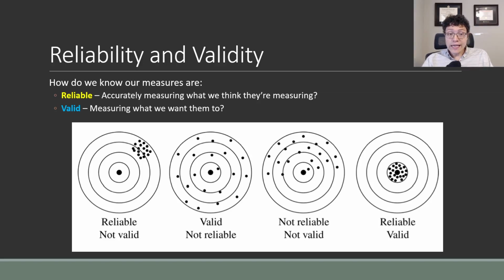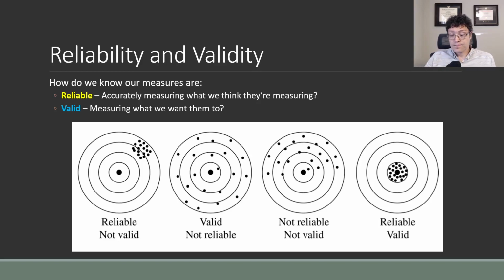And then validity. Is it measuring the same concept I want it to? If I am measuring depression, I don't think I should just ask, how are you feeling today? Because that might be helpful to understand depression, but maybe there's a couple better questions. Not just how are you feeling, but have you been feeling down in the dumps lately?